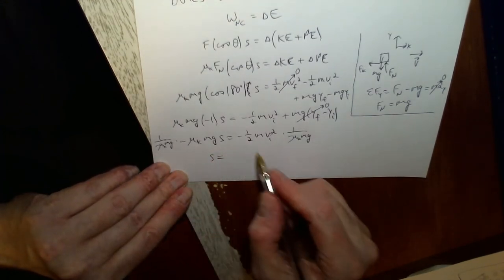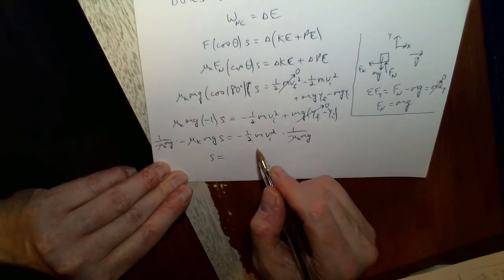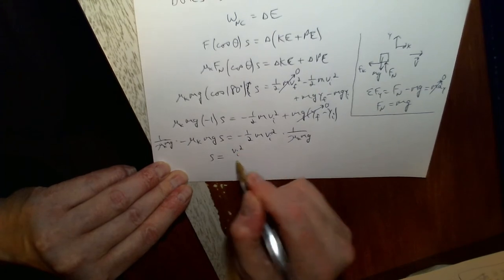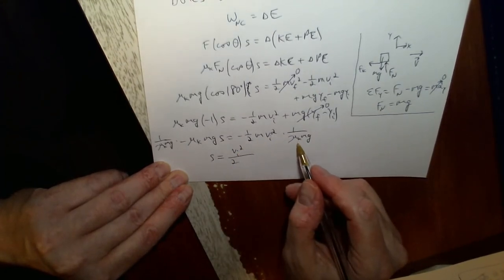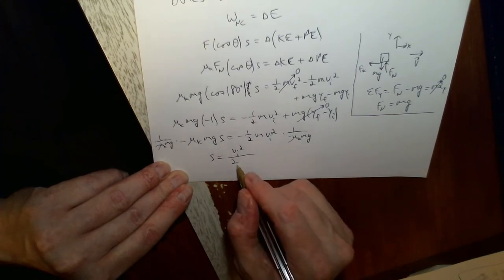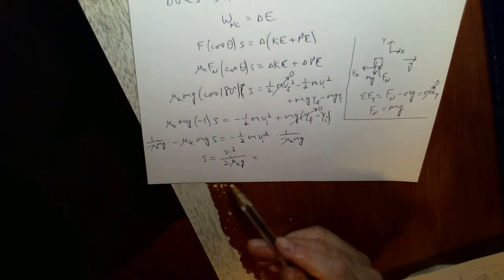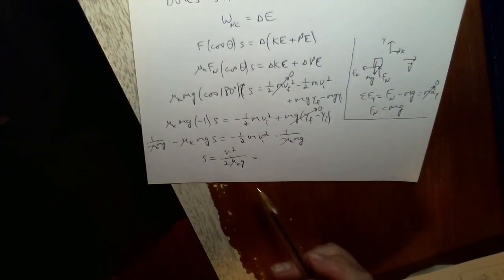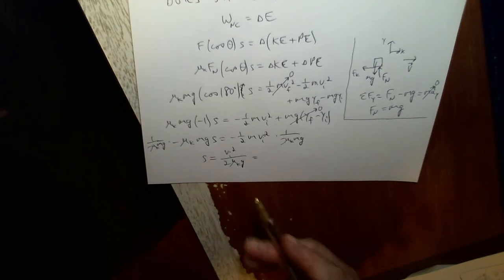And over here, the masses cancel, the minuses cancel. And so I get v initial squared over 2 mu k g. Yeah, and so the mass canceled from the equation, which means we didn't need it. How far she goes doesn't depend on her mass.